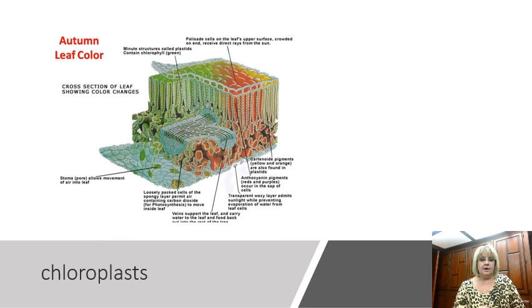So on this diagram, you can actually see the palisade cells of the leaf, the upper surface crowded on the end that receive direct rays from the sunlight. And then as you go down further in there, you've got the minute structures called the plastids that contain the chlorophyll and the green.